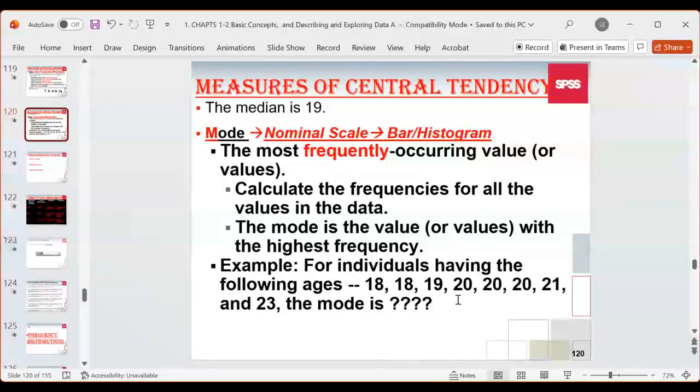Like in terms of numbers, if you see those numbers at the bottom, which is the mode? The number that repeated itself the most. You got 18, 19, 3 20s, 21, 23.